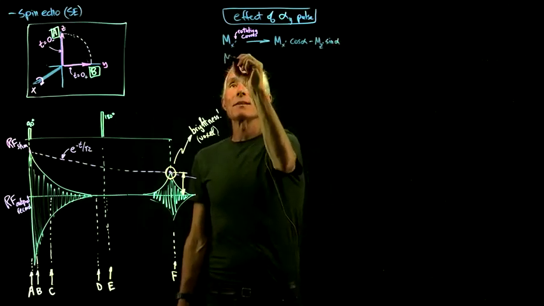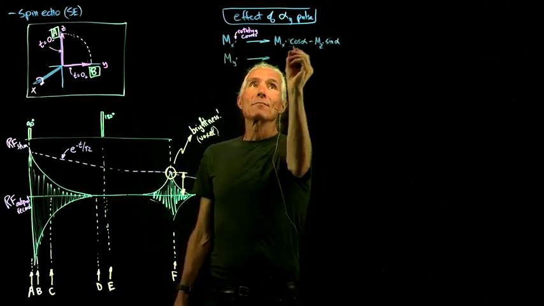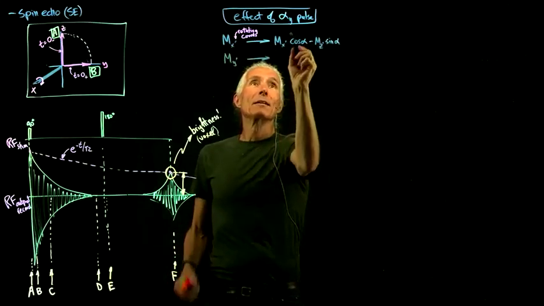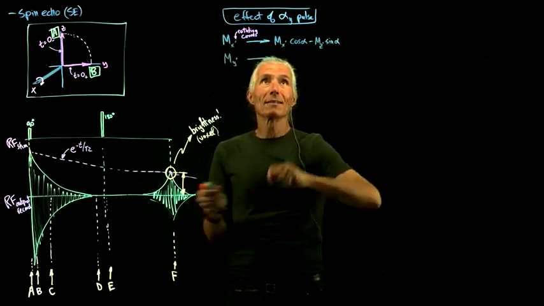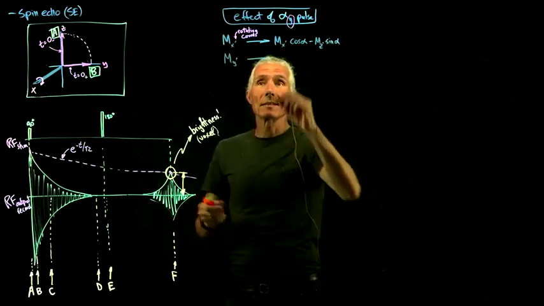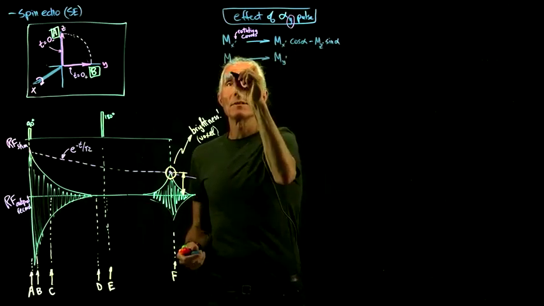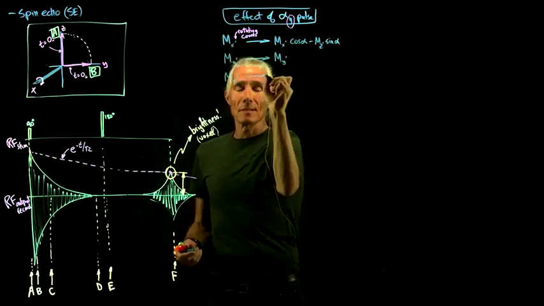And how do we transform the y component? Well, we're rotating around the y, so the y doesn't change. That just equals whatever it was. And then what about the z? The z is going to change.